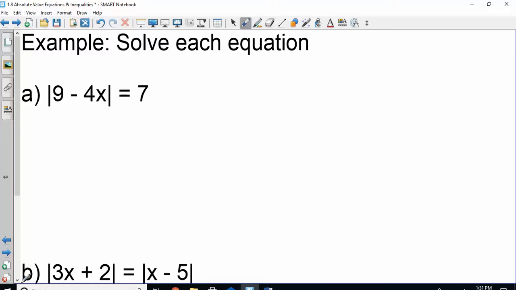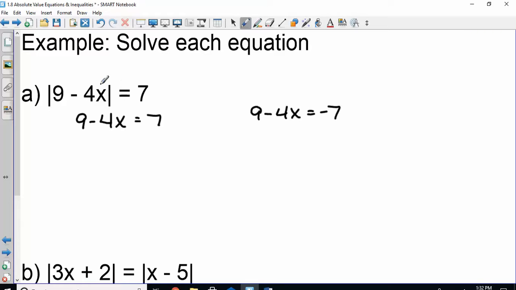value, but it is. So we can go straight to writing the problem without the absolute value in it. So we just drop the absolute value and you make two separate equations. 9 minus 4x equals 7. And 9 minus 4x equals negative 7.